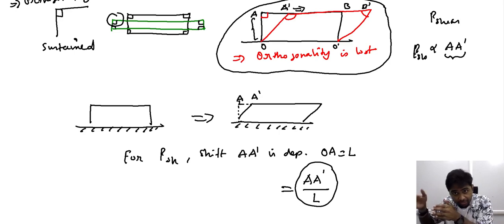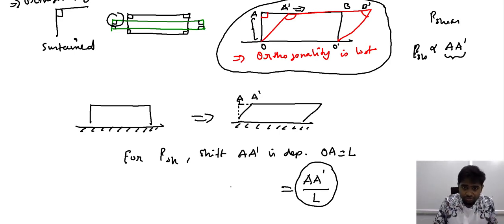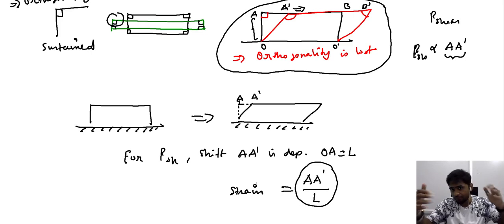Therefore it needs to be referred to as strain. It is no longer elongation or any distortion, because we now have a response that is independent of the dimension of the sample, so we refer to that as strain.